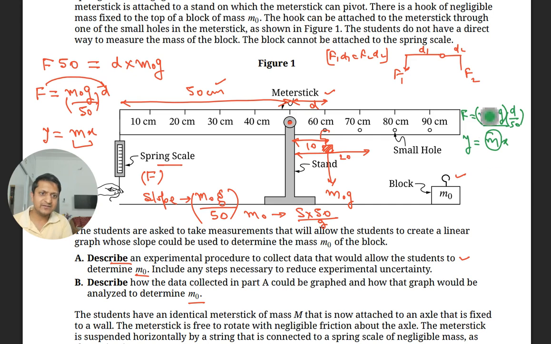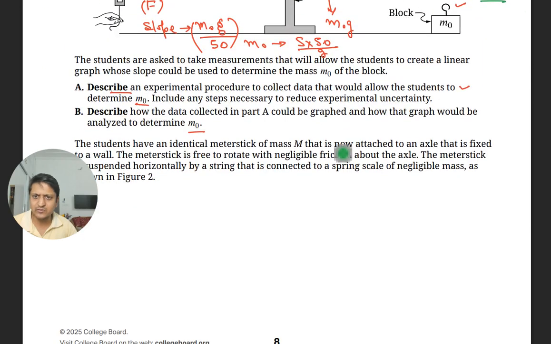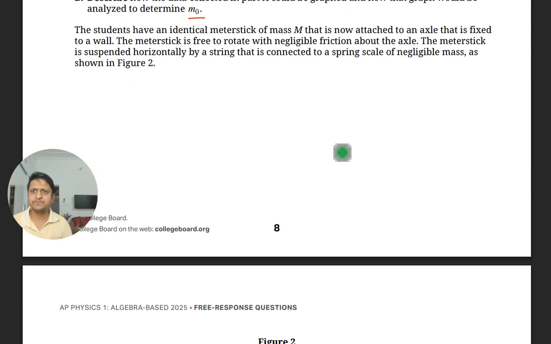So at this time you will say that force is a function of distance of hook from the pivot to the distance of spring to the pivot, because it is d by 50. So both ways it is right, you would be marked for that. So now let's move to the next part.